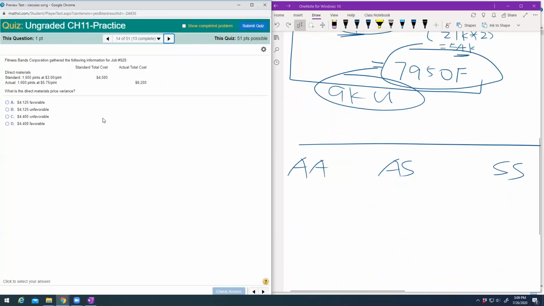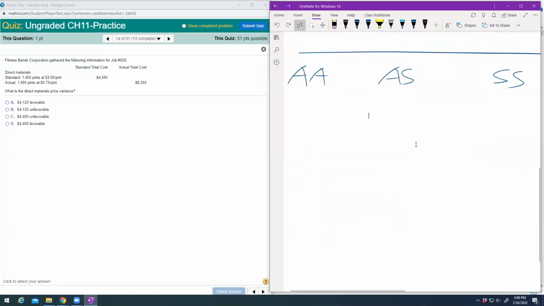Okay, let's talk about the standard material price variance, right? For the price variance, it's the actual and the standard, right? So how do we get our price variance? We said direct material standard is this, and each one is $3, right?